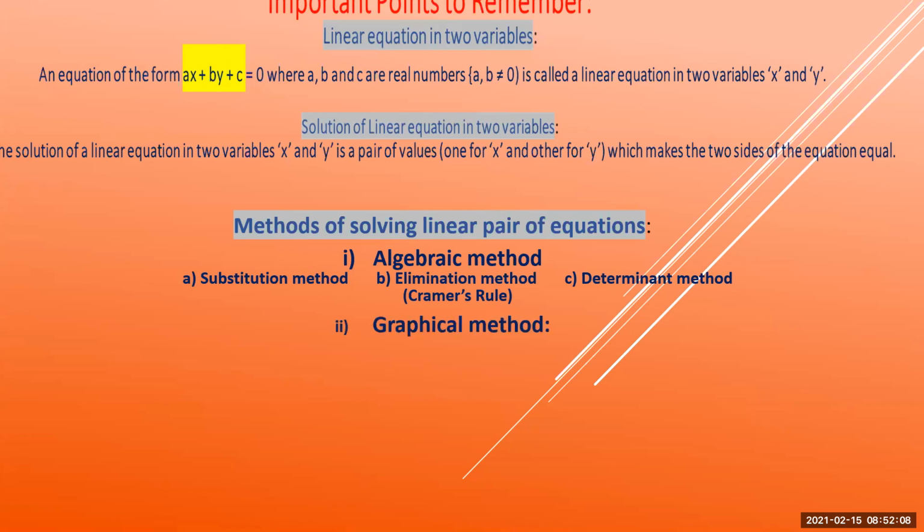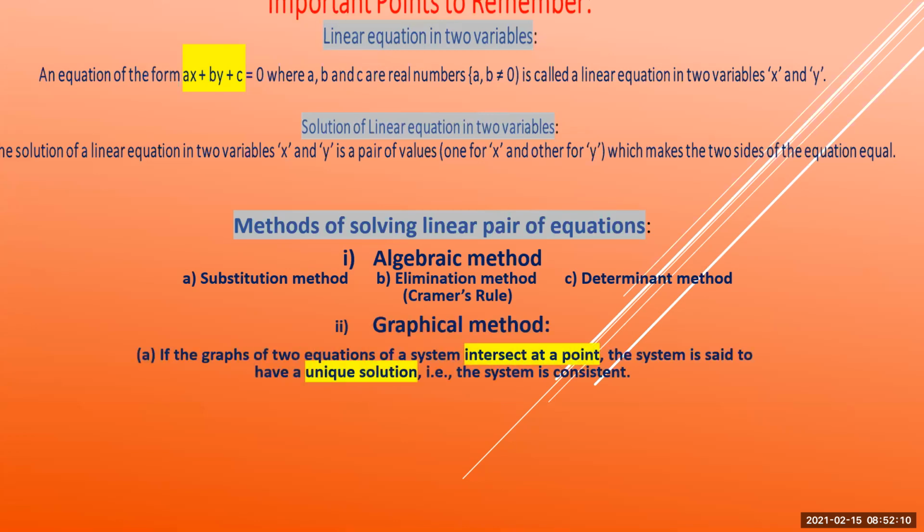The next one is the graphical method. The graphical method that you saw in 9th standard, the same we are going to apply here. But in 9th standard we saw it for one variable, and in 10th standard we are going to see it for two variables. If the graphs of two equations of a system intersect at a single point, then the system is said to have a unique solution.